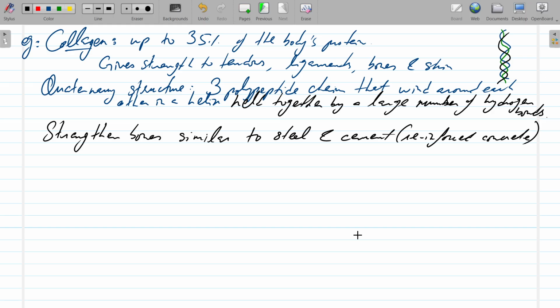So that's the analogy used. And then they mention that there's a disease where the collagen fibers do not properly develop, and so the bones become weak and brittle and they break easily.